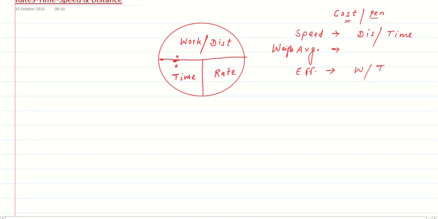So rate equals work or distance divided by time. And if you multiply time and rate together, what do I get? I'll get work or distance. If I divide work or distance by rate, what do I get? Time. So this is all interconnected. All three variables are there, all interconnected. Exactly what we are going to discuss today, and the questions based on this.